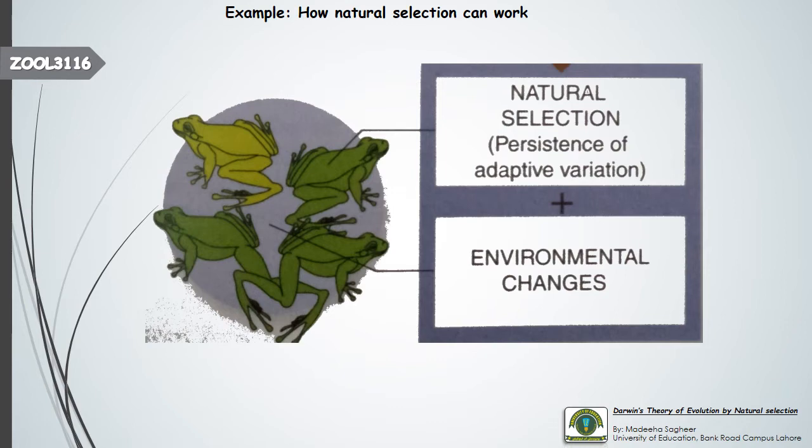Now here is what happened: natural selection, persistence of adaptive variations. The individuals who survived in the population have the adaptive variations, meaning they have variations that help them to adapt to the environment. That's why they compete, they win, and they survive, plus environmental changes.